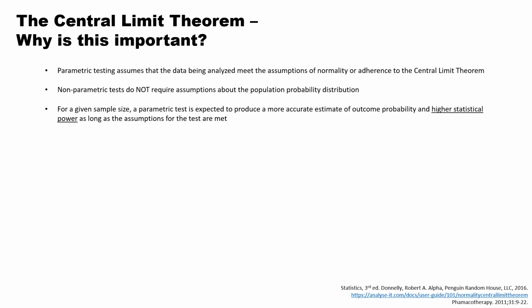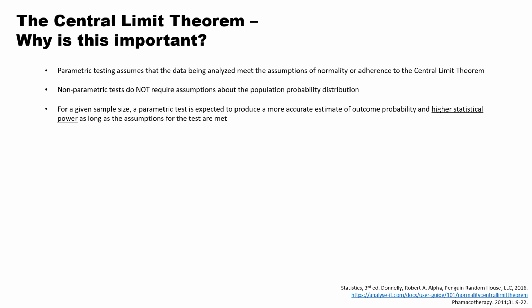So why is the central limit theorem important? Well, parametric testing, by definition, assumes that the data that are being analyzed meet some assumptions of normality or adherence to the central limit theorem in their distribution. Non-parametric tests do not require assumptions about the population probability distribution.